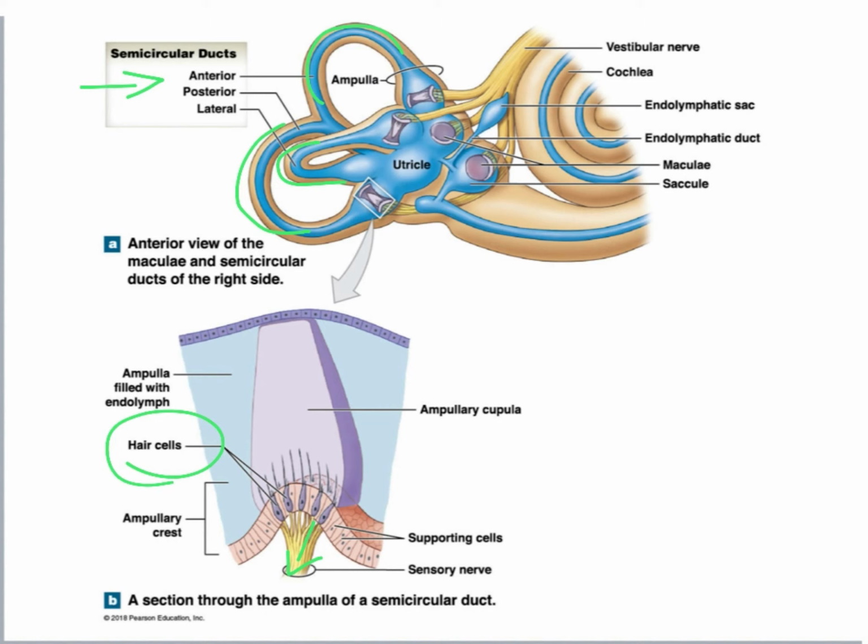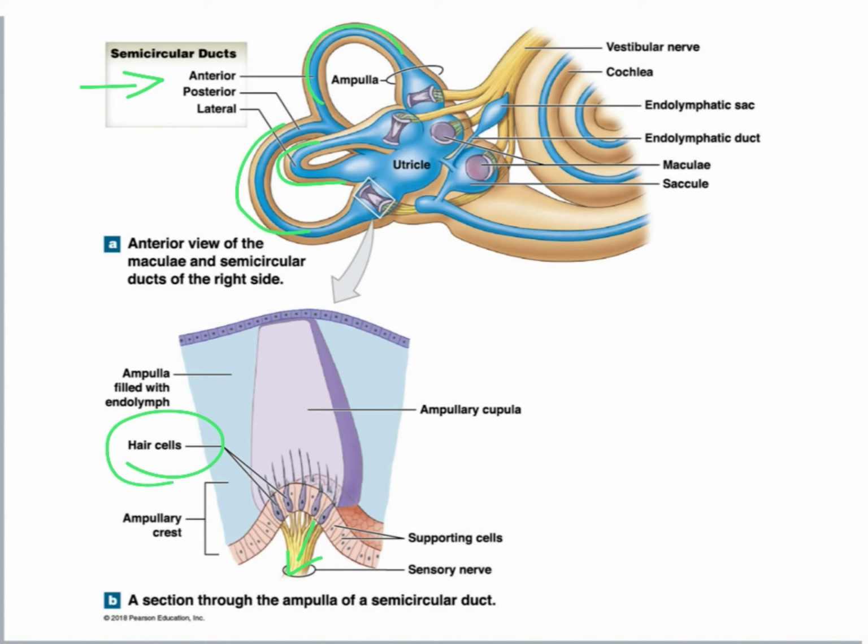So, since we have the semicircular ducts in the X, Y, and Z directions, it gives us the three-dimensional representation of our head. And we have the sensation of moving in all directions, even when we have our eyes closed. In other words, that's why when we are in a roller coaster and we get scared and we close our eyes, it doesn't help. Because even with our eyes closed, we feel everything.